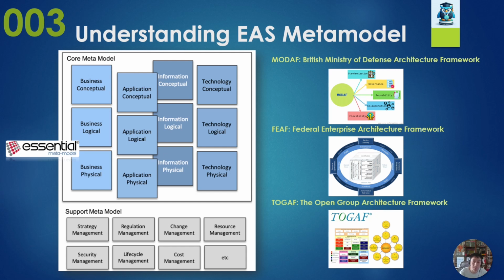The bottom supporting MetaModel contains some domains that are not easily put into these 12 boxes, like strategy. In some enterprise architecture approaches, we put strategy into the business architecture because BizBook includes the strategy domain.